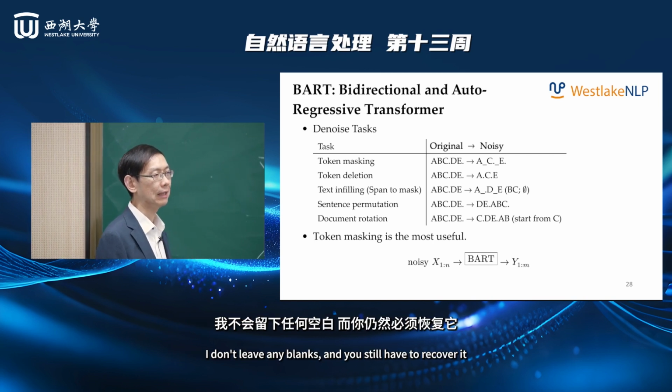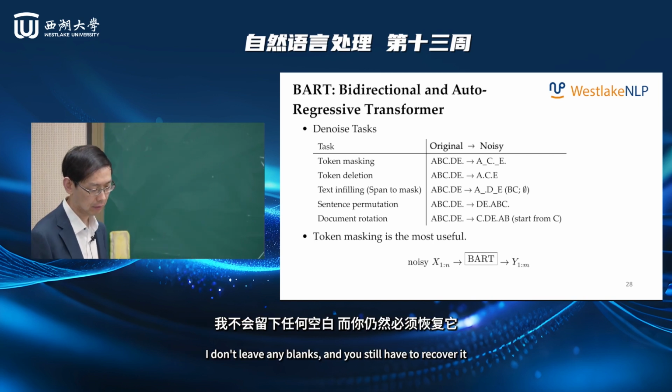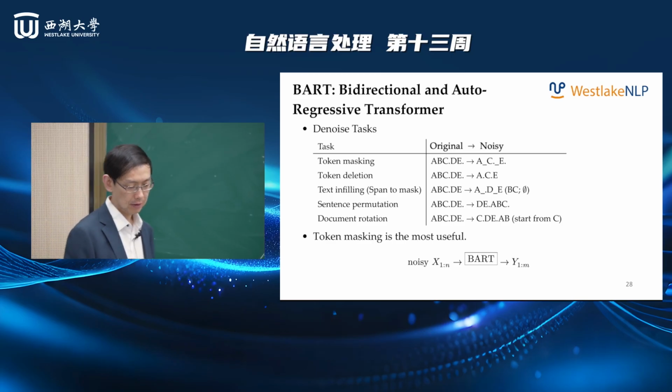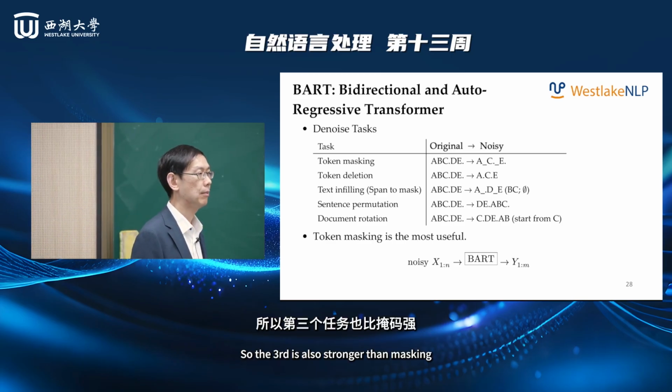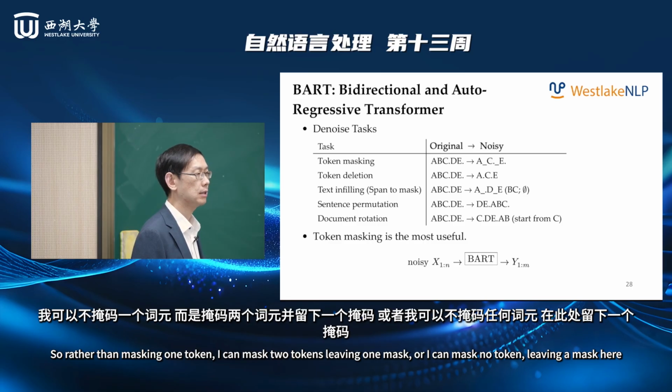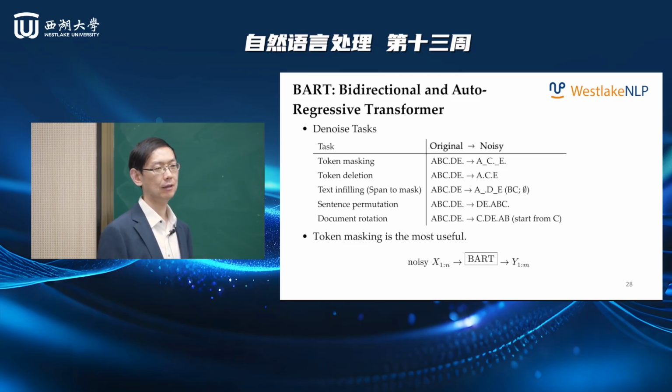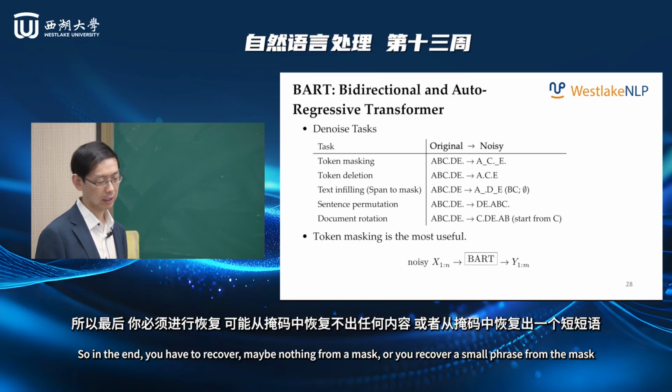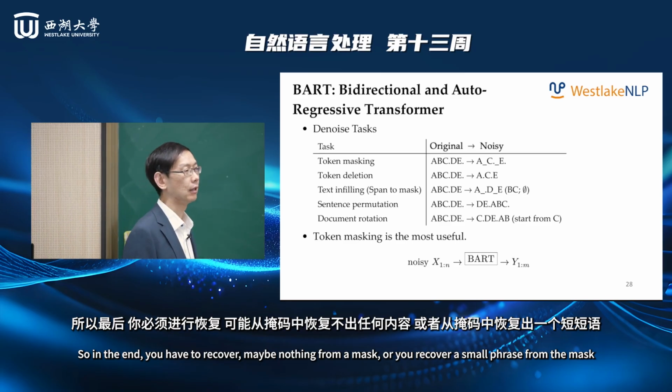I don't leave any blanks, and you still have to recover it. The third is also stronger than masking. Rather than masking 1 token, I can mask 2 tokens, leaving 1 mask, or I can mask no token, leaving a mask here. So in the end, you have to recover maybe nothing from a mask, or you recover a small phrase from the mask.